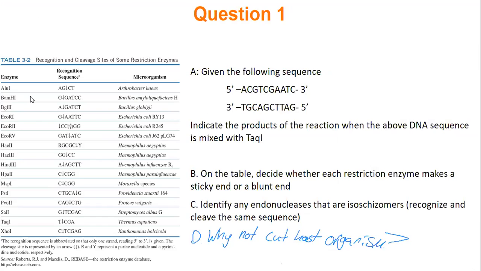Okay, so let's take a look at Taq 1. Taq cuts at TCGA. All restriction endonucleases are always written as cutting 5' to 3'. So when searching for a sequence to cut, you have to read 5' to 3'.